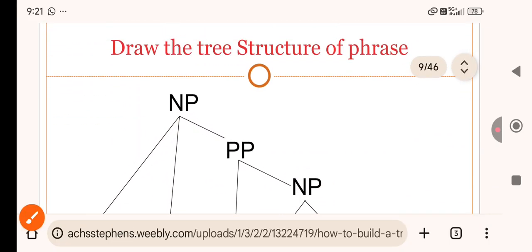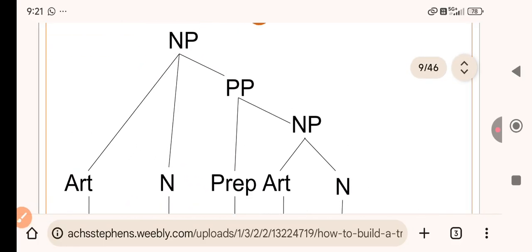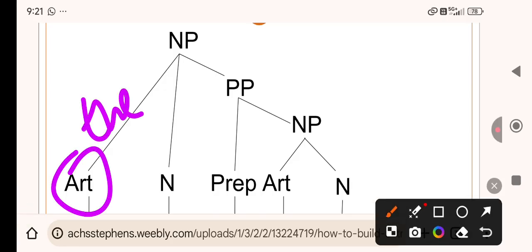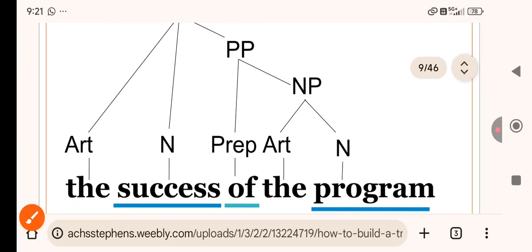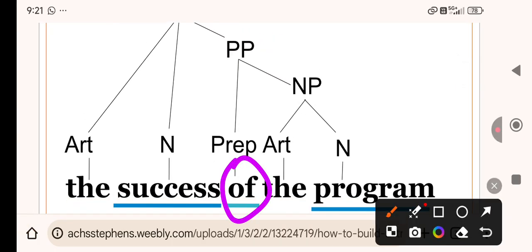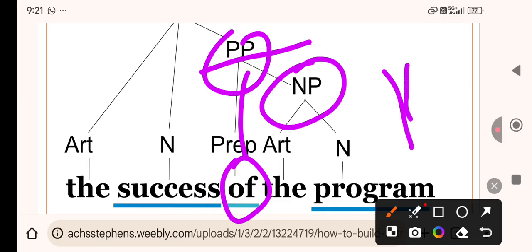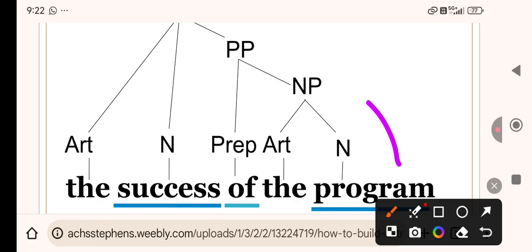Now moving to the next sentence, the success of the program, we have already discussed, that's a noun phrase. The is an article, success is a noun, and then of is a preposition, so this will be known as a prepositional phrase. Here the preposition will drop. Sometimes we find another branch, so this is a tree.